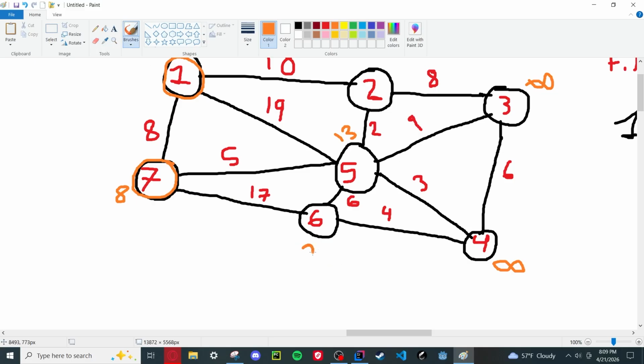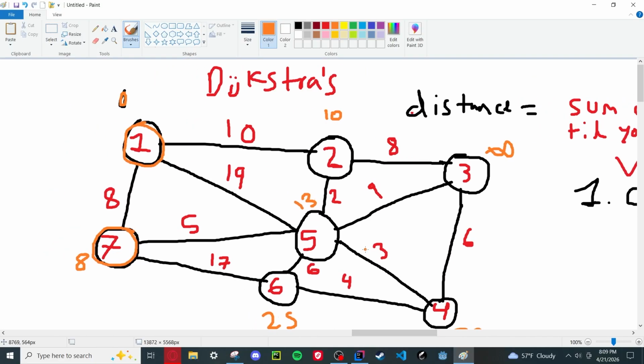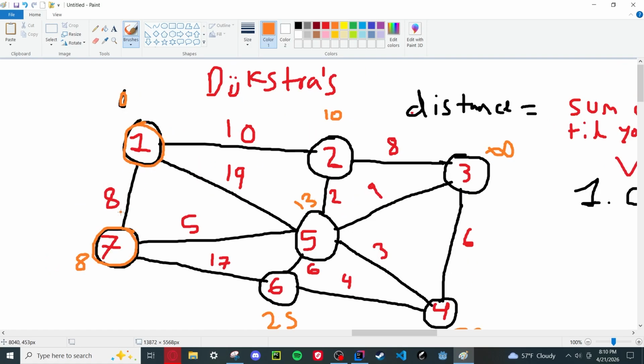So I'll write 25. Now which node is smallest next? Go to the next smallest node. This is 13, 25, infinity, infinity. We do not count these ones, they're finalized. It'll be 10, right? 10 is the smallest, so go to 10. Can we simplify anything? Well, 10 plus 2 is 12, so now I know this actually has a shorter path. This can be simplified to 12.